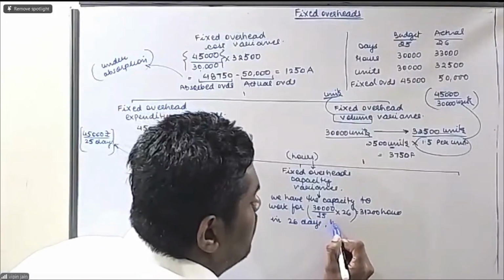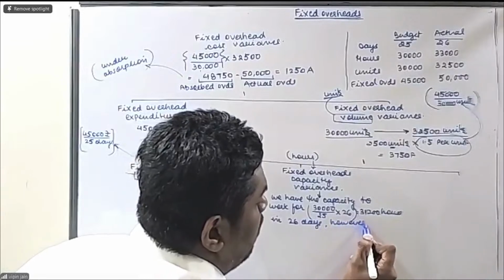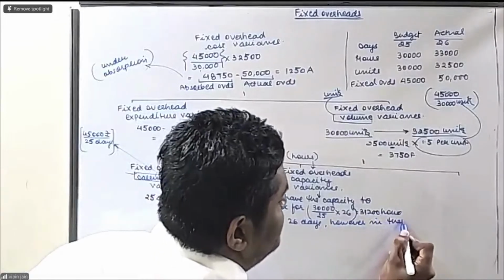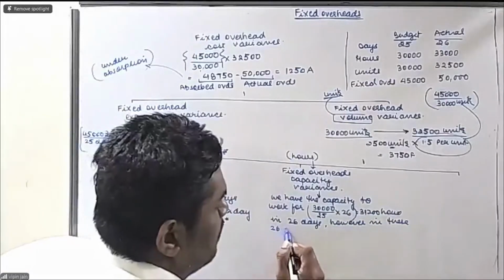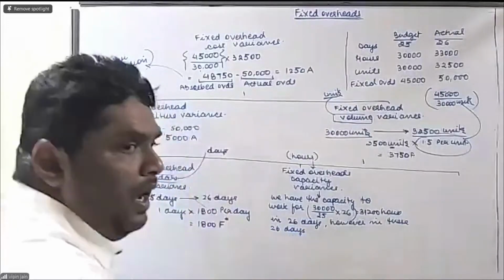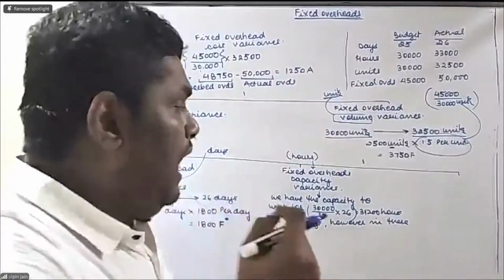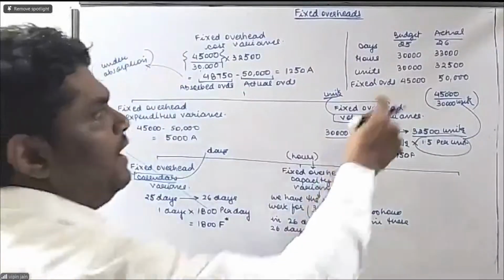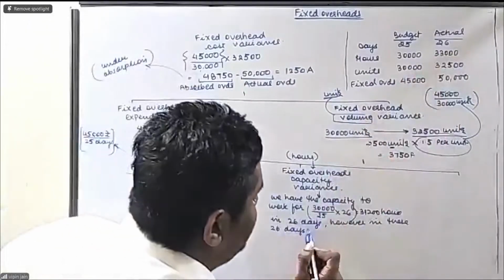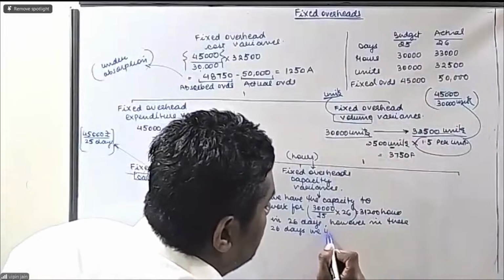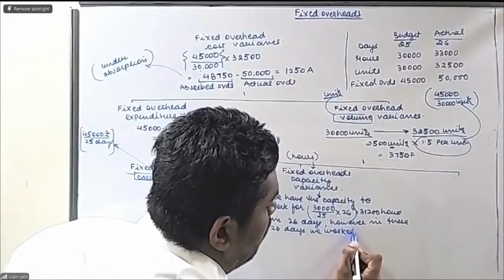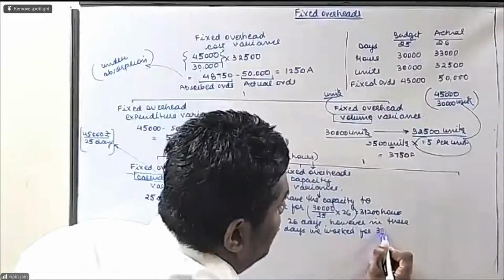However, in these 26 days, how many hours did we work? In these 26 days, we worked for 33,000 hours.